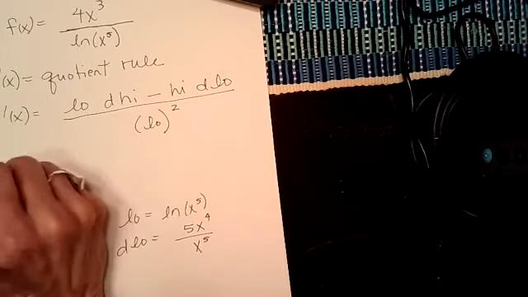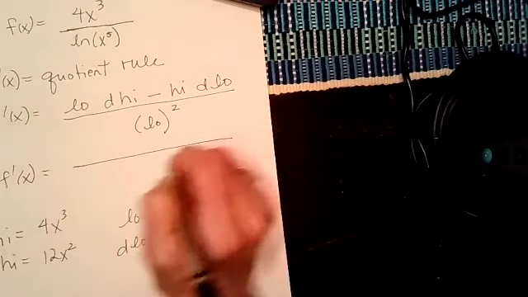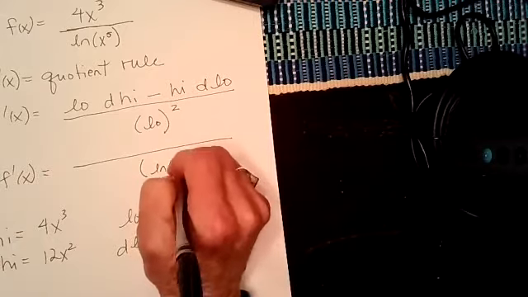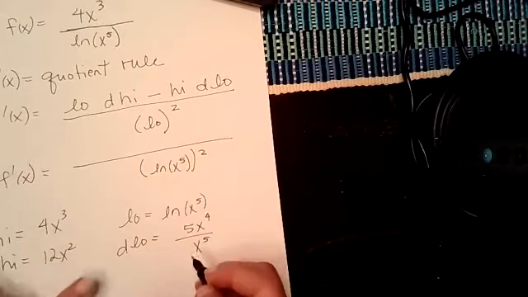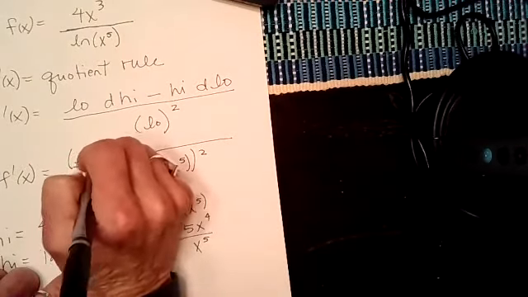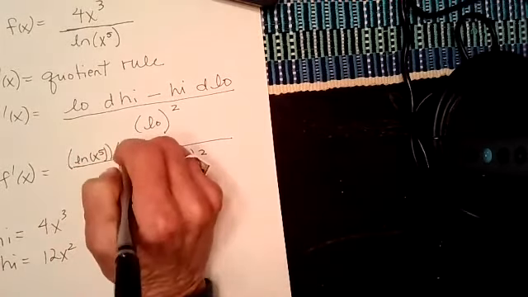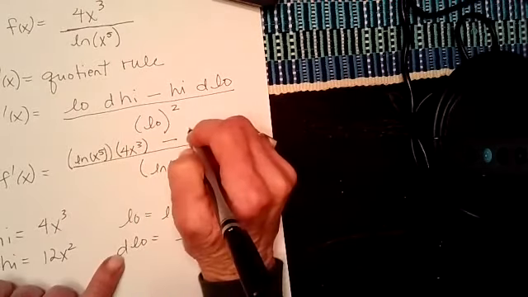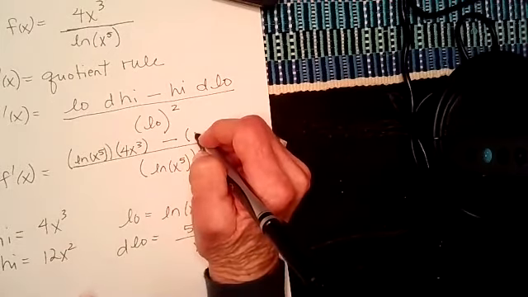Okay, so when I put this in, I'm going to do my low function squared, and I'm just doing the low function times the derivative of the high minus the high function, low d high.